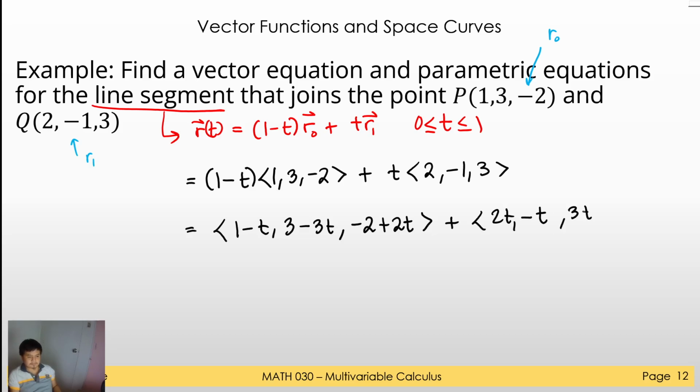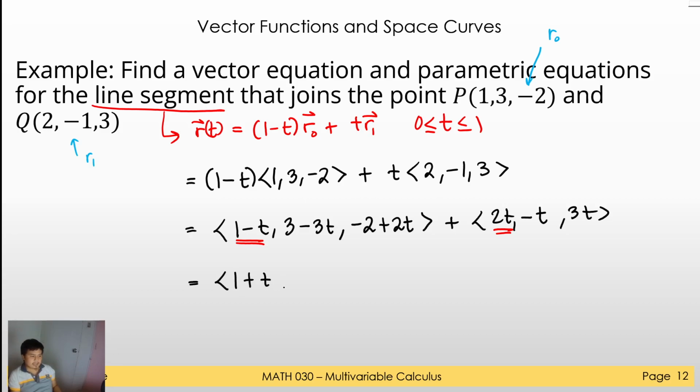So adding these, we have 2t plus 1 minus t, which will be equal to 1 plus t.